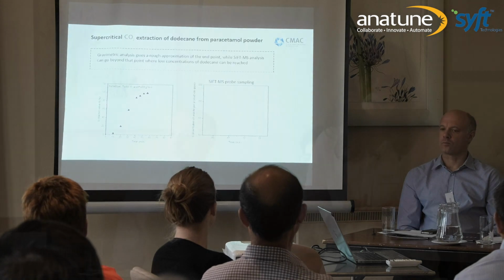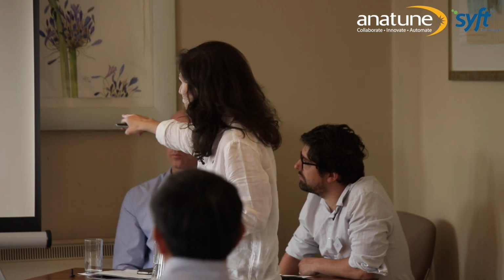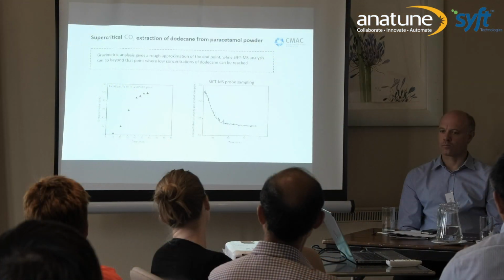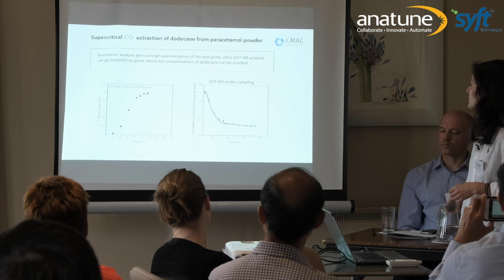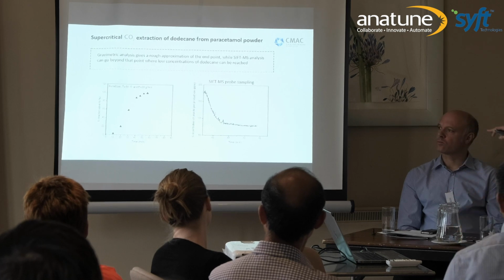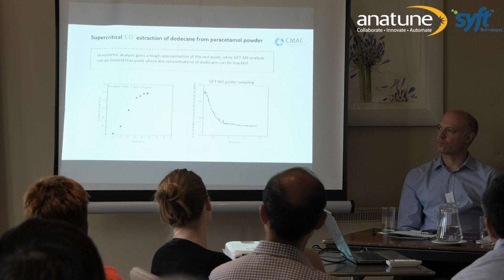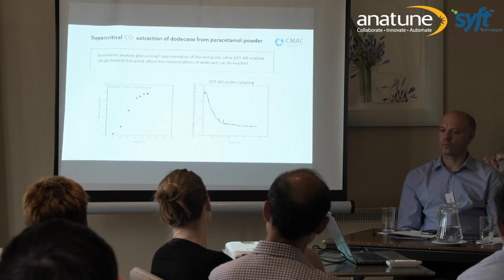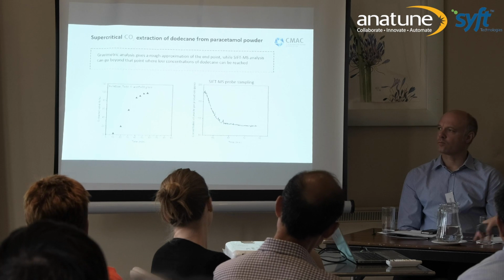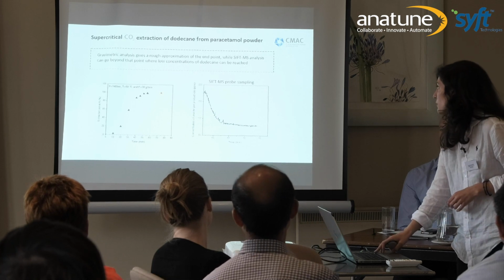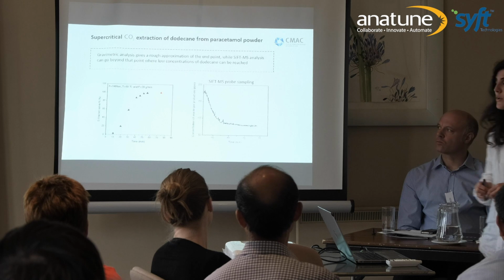And this is where we apply the SIFT-MS, and we use the probe, and we can track the concentration of dodecane that decreases over time, as you can see. After 65 minutes, it reaches a plateau, which means that no more extraction is happening, and we can stop the process at 75 minutes, and we can add the end point of the extraction to our curves.